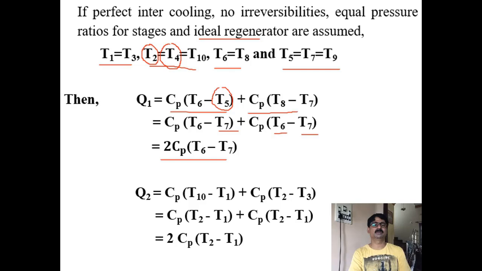So slowly you observe here and go through the simplification. Similarly, Q2, that is heat rejected, is equal to Cp into T10 minus T1 plus Cp into T2 minus T3. So once again, T10 is equal to T2 and T3 is equal to T1. So you'll get heat rejected as 2 into Cp into T2 minus T1.